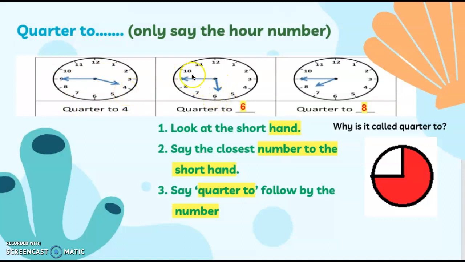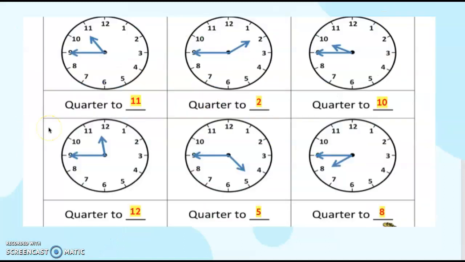This one 5:45, it's going to be 6 o'clock. And you see all the long hands struck at number 9. So we say quarter to. This one 4:45, it's going to be 5 o'clock. And this one 8:45, it's going to be 9 o'clock.